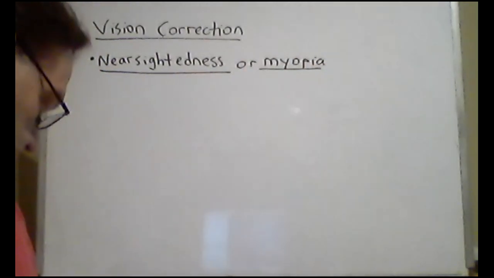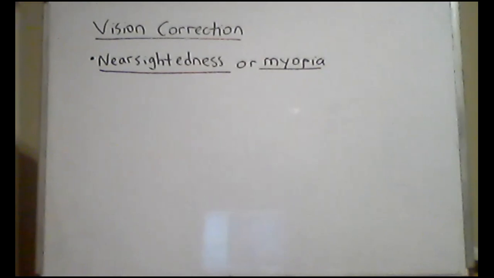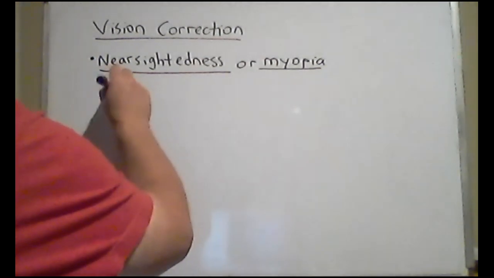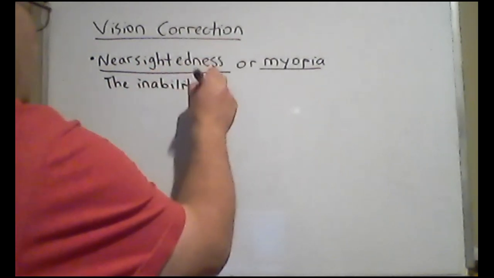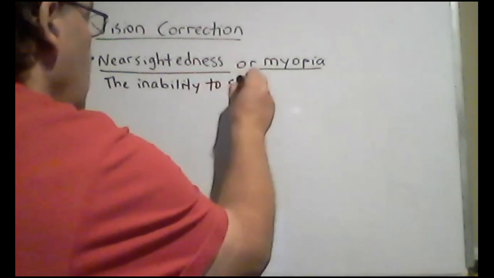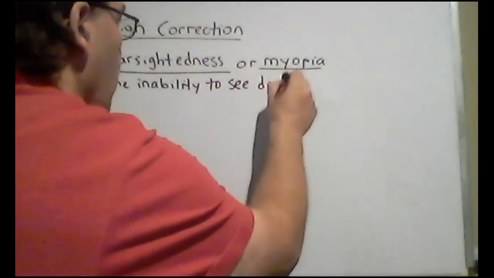Nearsightedness is the inability to see distant objects clearly, but close objects are clear.